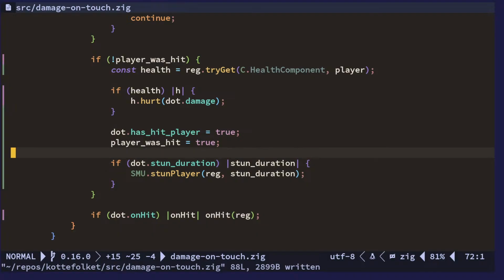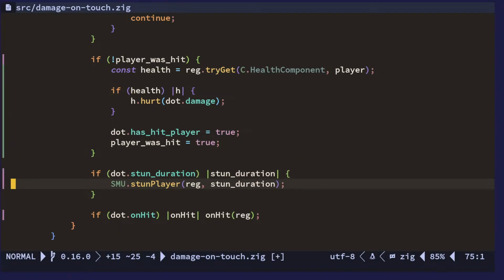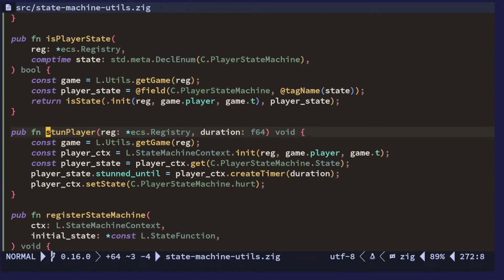So what we could do is we could move this to outside and say stun player stun duration, but the stun duration is probably, we want to have it be like the maximum of the things.